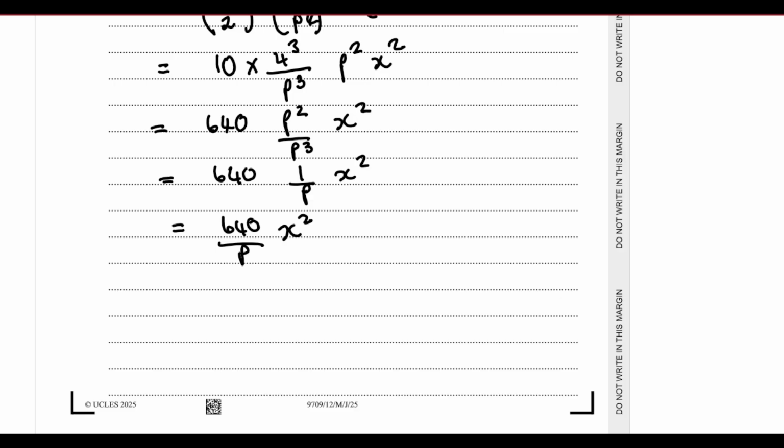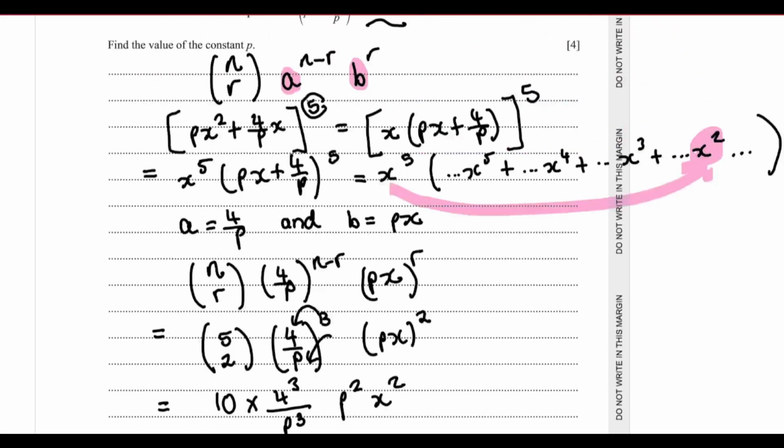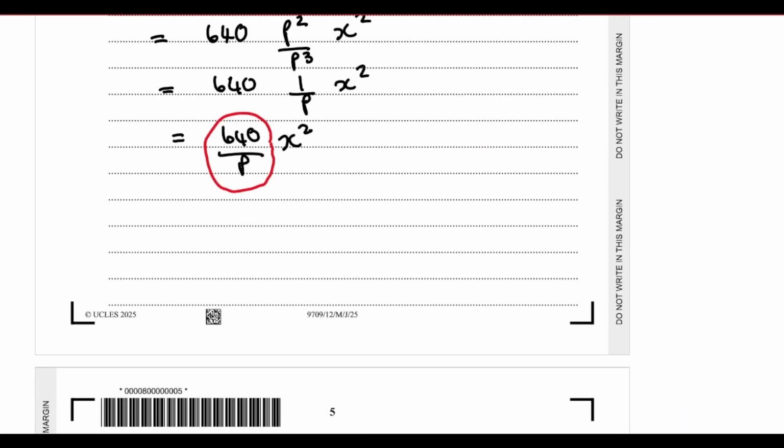Now remember, this is going to still multiply with x to the 5, so it will technically become 640 over p x to the 7. Okay, the important thing is we want to solve for p, but we know what this coefficient should be. They said it is 1280, so you can say 640 over p is 1280.